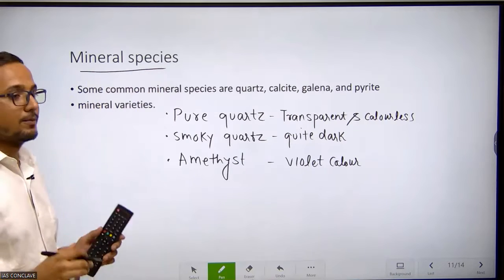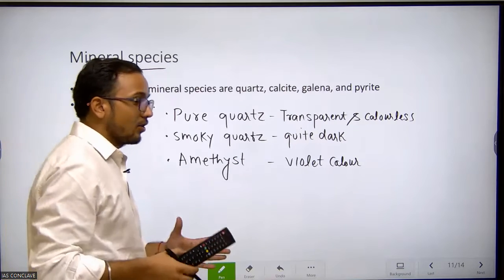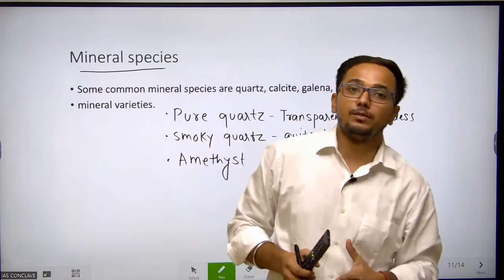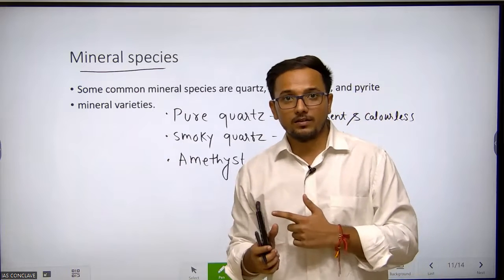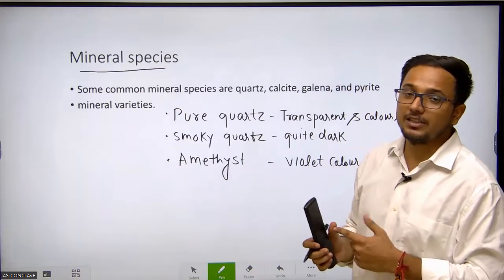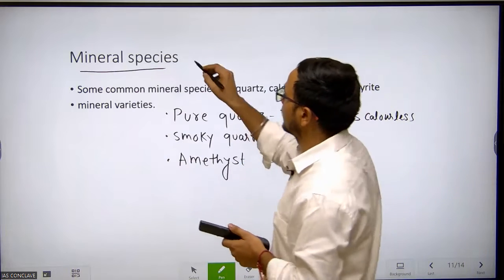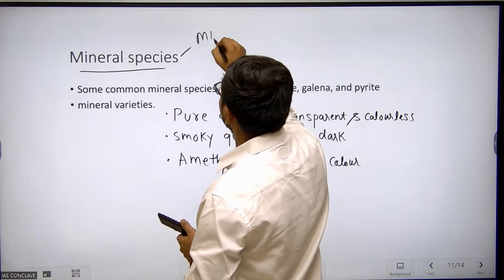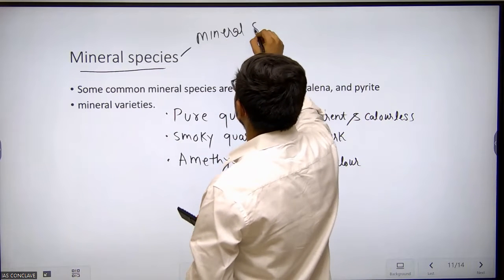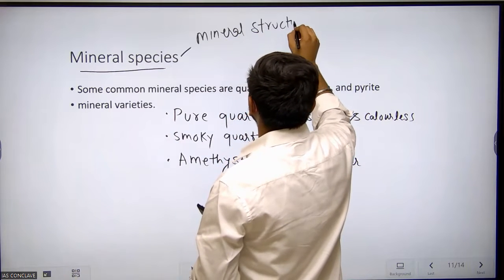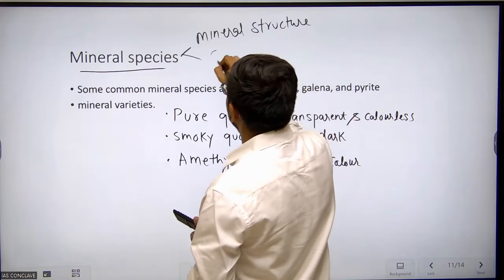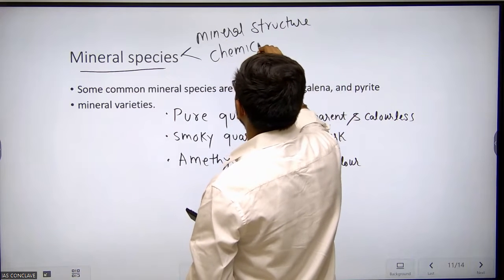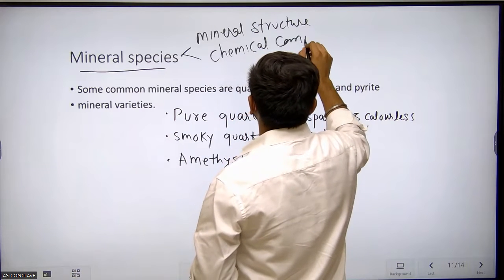Now look at mineral species. What are mineral species? Mineral species are collections of mineral specimens which share a common mineral structure and a definite chemical composition.